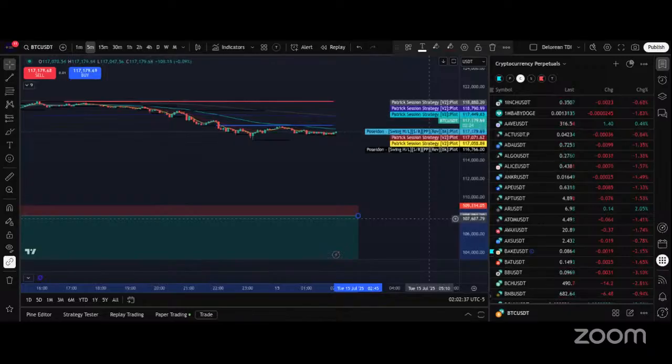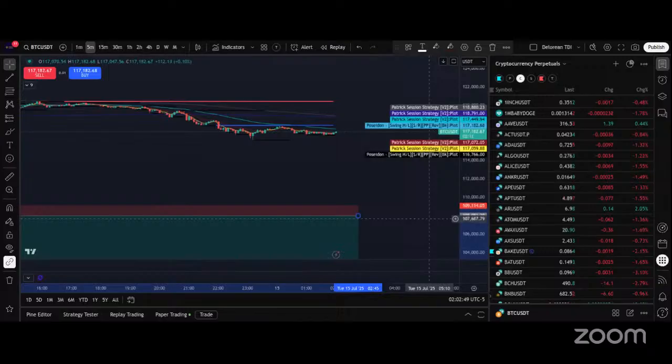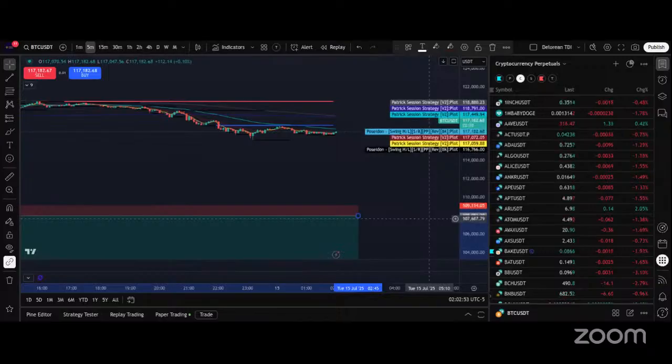When you're looking at a chart on any time frame, if the red line, the 13 exponential moving average, is over the yellow line, the 5 exponential moving average, then the sellers are in control of the market on that particular asset on that particular time frame.